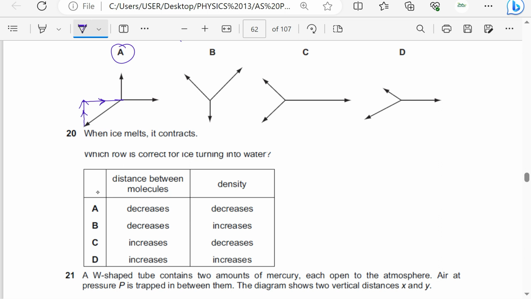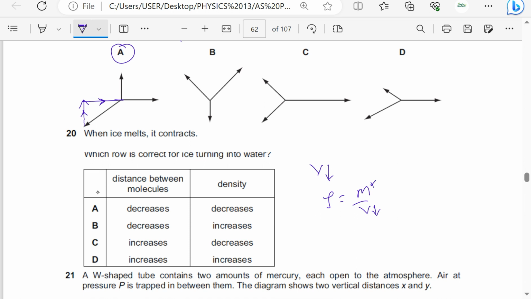When ice melts, it contracts. Which law is correct for ice turning into water? It contracts. That means the volume decreases. Remember, density is equal to mass over volume. The volume decreases, but since it has just contracted, the mass has not changed.